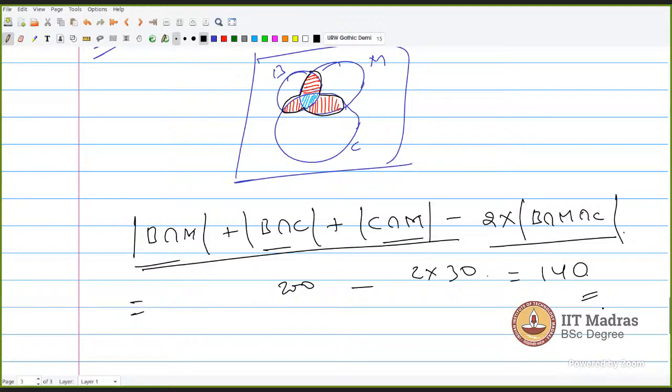For exactly 2 subjects, we have to take B intersection M, B intersection C, M intersection C, and subtract 3 times the value of that. 3 times, no? Because we don't want that third part. Yeah. The blue part. Right.